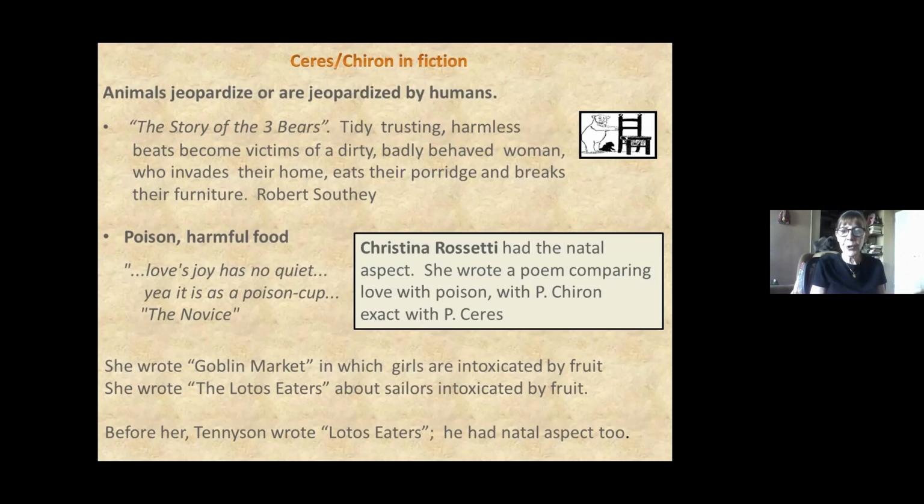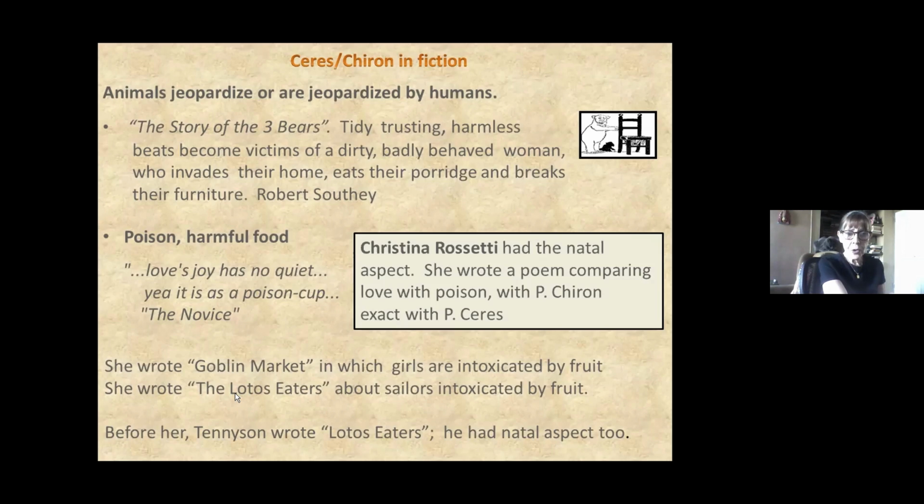It's used in Ulysses, where they ate the lotus and they got high and they didn't care and they were alienated from other people. Anyway, she wrote a version of that, which was The Goblin Market.